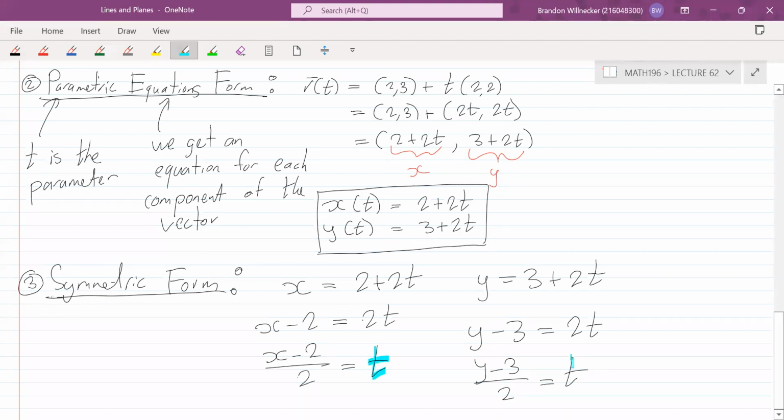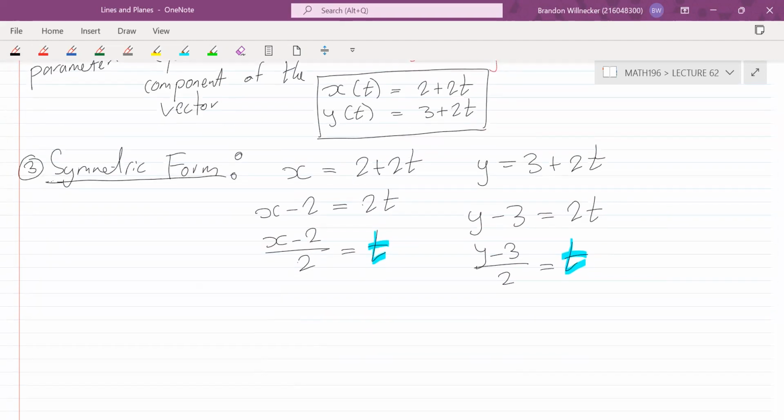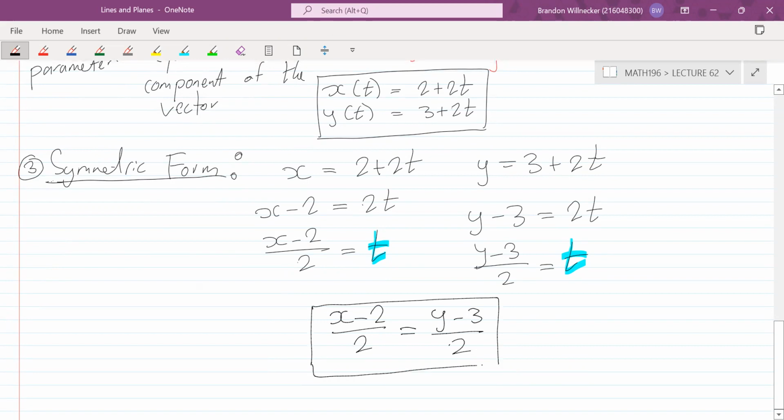Now, both of them are equal to the parameter t, so they're equal to each other. So we can write (x minus 2) over 2 is equal to (y minus 3) over 2. And we just leave it like that. That's called the symmetric form. You see in the symmetric form, we no longer have the parameter t.